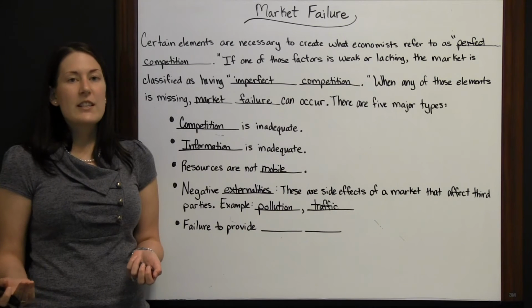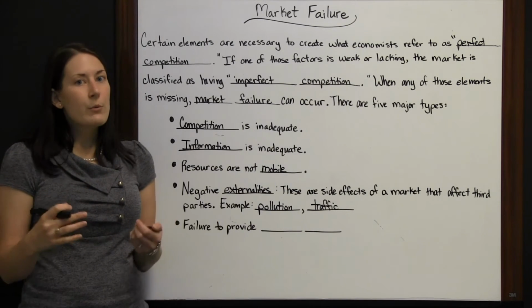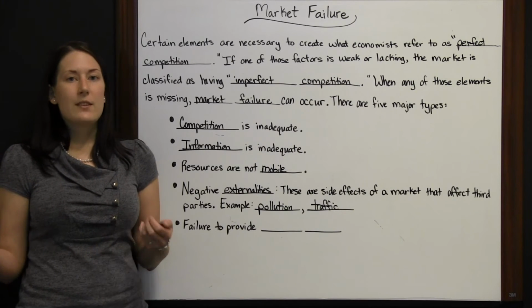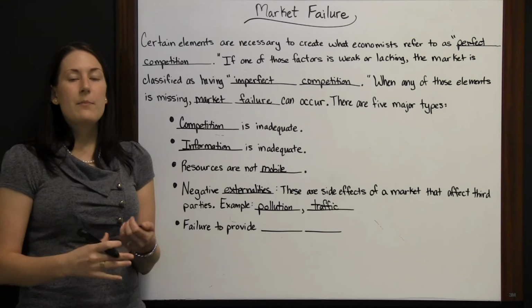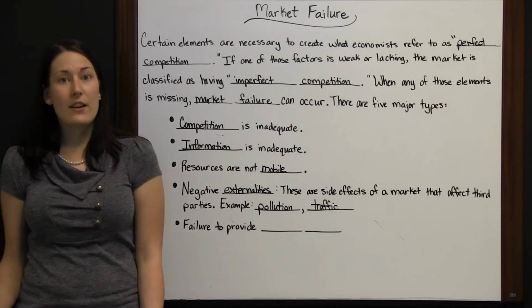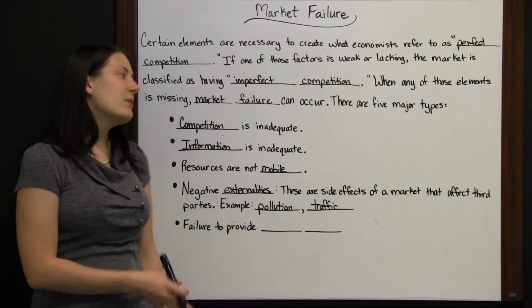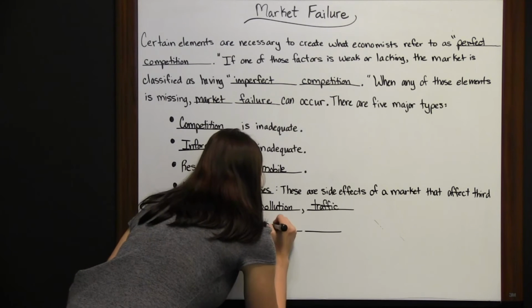Yes, the car market is good. People need to buy cars. People need to get to work. But whenever more and more people buy their own vehicles instead of carpooling or using public transit, those cars are all going to end up contributing to traffic congestion, which would be classified as a negative externality and can lead to market failure. And lastly, we have failure to provide public goods.